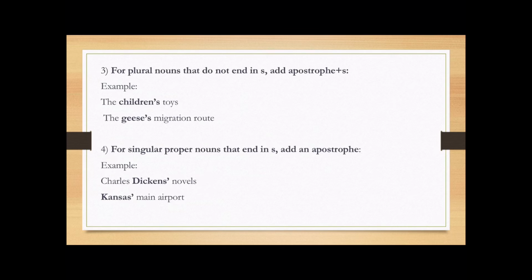It's not multiple authors. We're not talking about more than one author. So when the proper noun ends in s in its base form, we're just going to place an apostrophe after the s. And the same as in cities that end in s, we're just going to place an apostrophe.